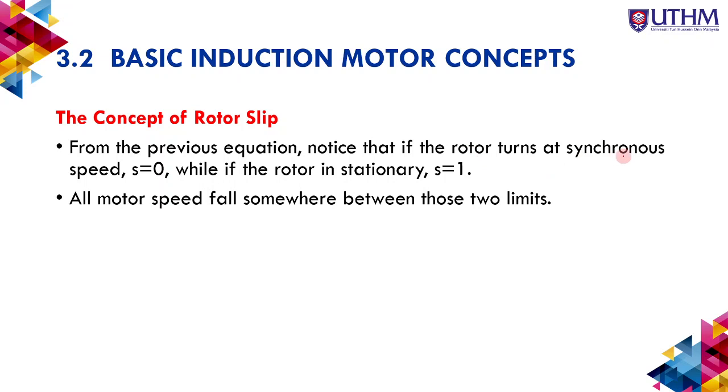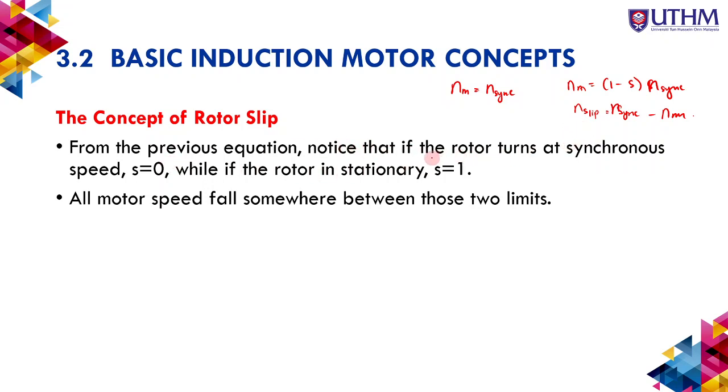If the rotor turns at the synchronous speed, for example nm is equal to n sync, then using the equation nm equals (1 minus S) n sync, or the other equation, n slip equals n sync minus nm.